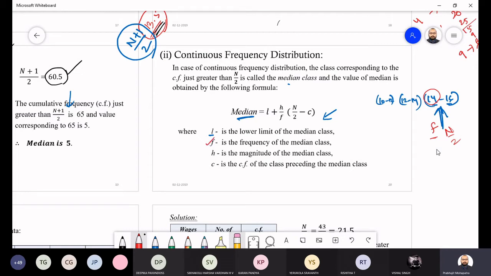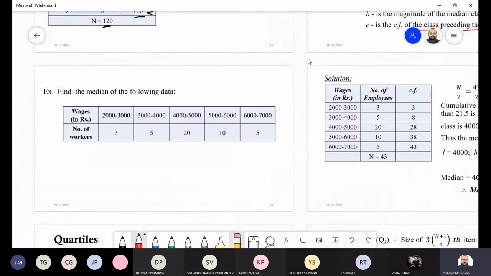And what is h? h is nothing but the magnitude, meaning the class width. How much is the range of the class, or the magnitude of the median. You can see this is given in terms of continuous data. It is given as continuous class intervals, right? 2000 to 3000, 3000 to 4000, 4000 to 5000.